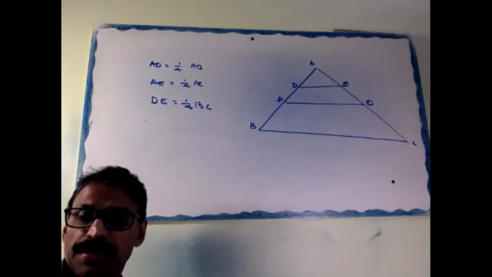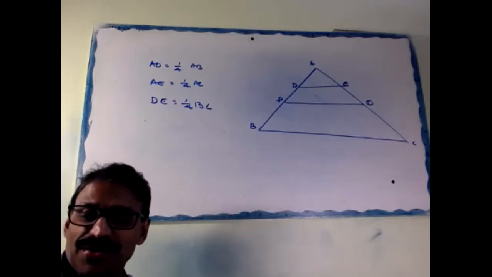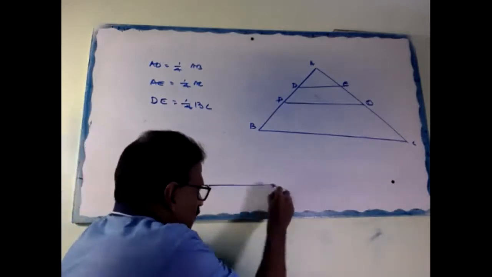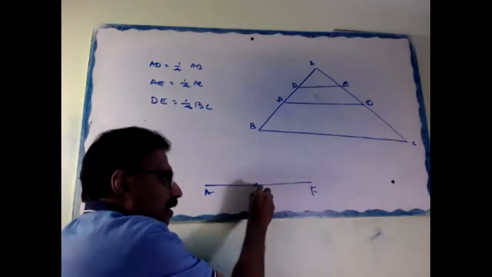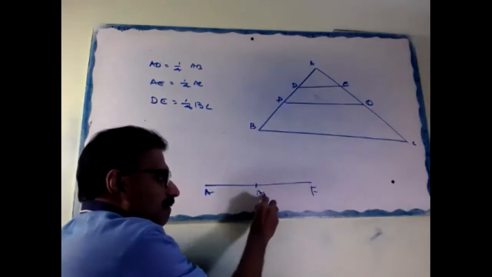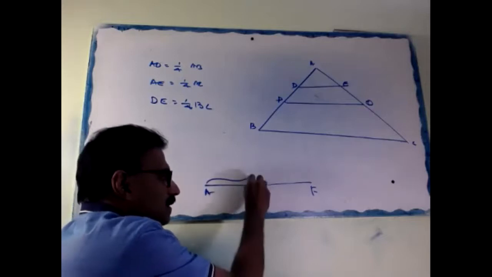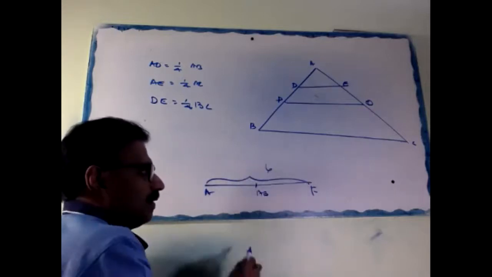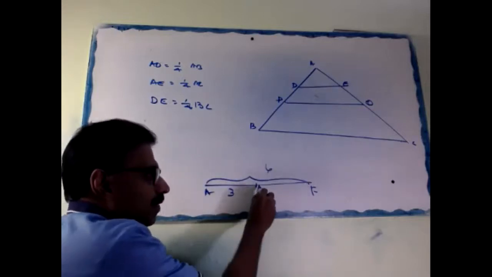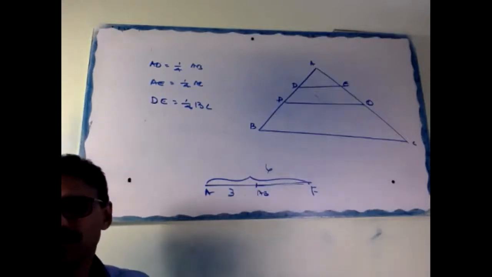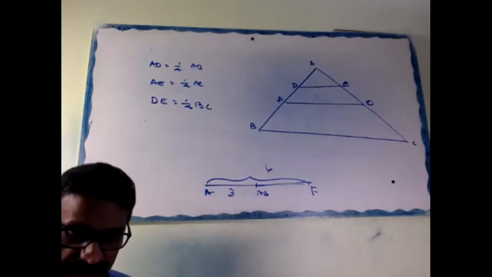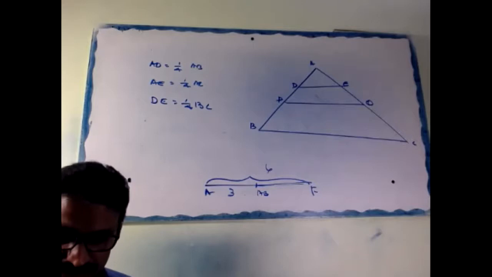Okay, how 9 kilometer? What are you talking about? Look, Fahel, Findas, Abu Alifa. This distance is 6 kilometer. This distance is 3 kilometer. What about this distance? 3 kilometer, right? Correct or no?